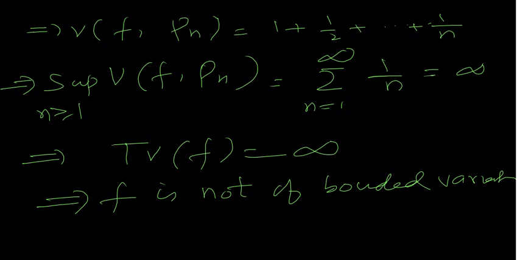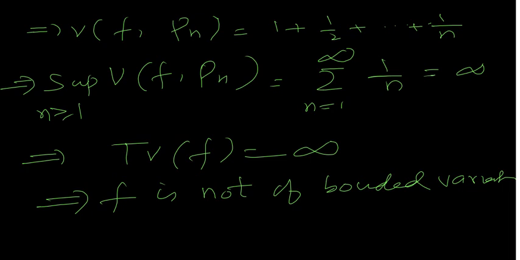So that's why this f is not of bounded variation, and this supremum is not finite, it is infinite. Because if possible it is finite, suppose it is equal to some c.